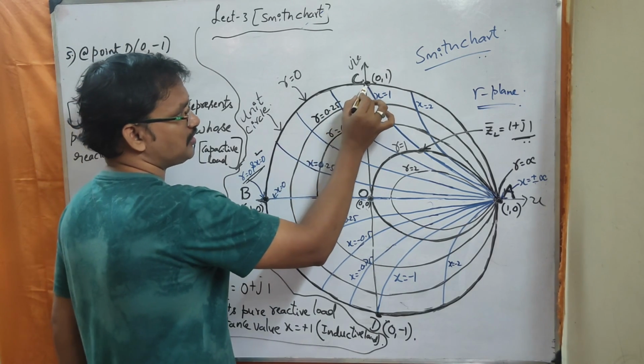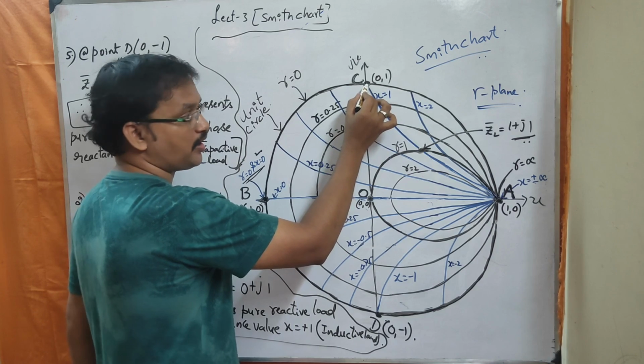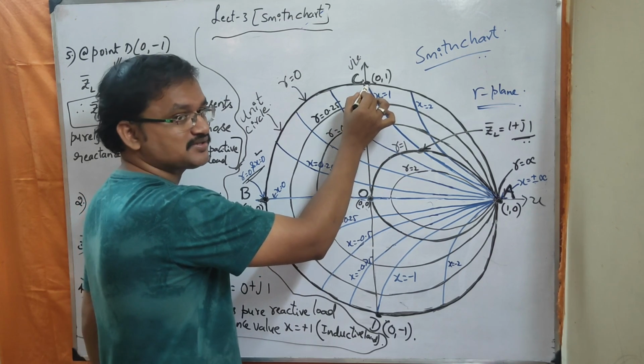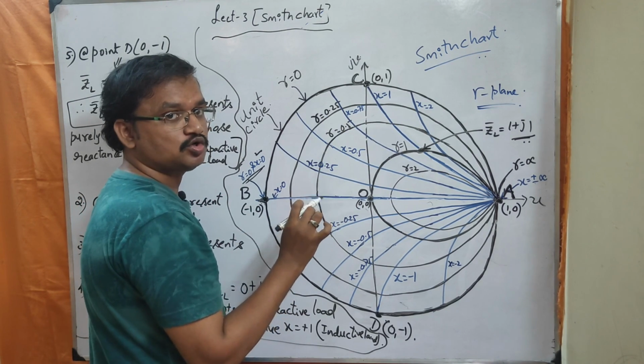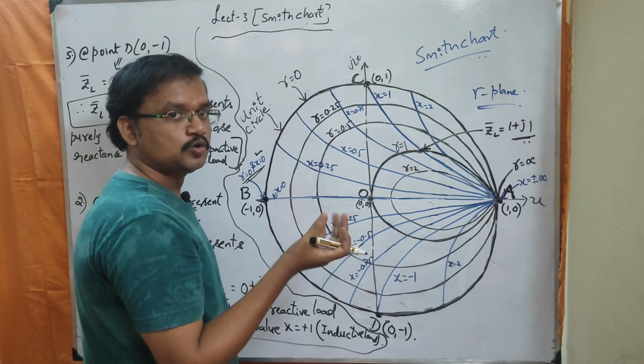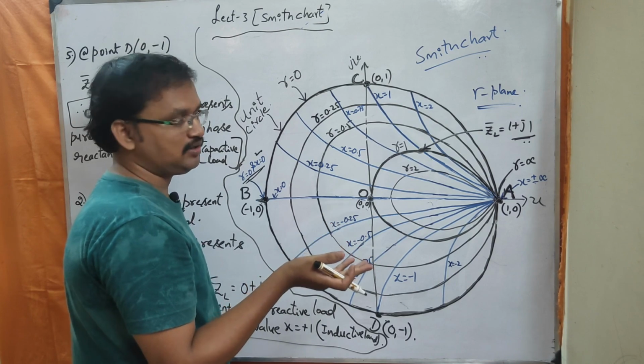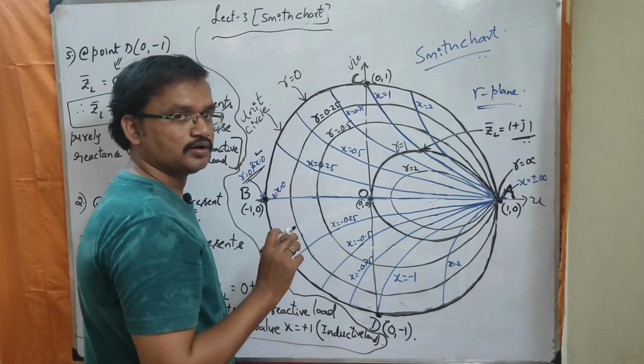And at this point, the circles passing through are R equal to 0 and X equal to 1, and hence the normalized load impedance ZL bar is equal to j1. That means it represents a purely reactive load whose reactance value is plus 1. Since it is plus 1, it represents an inductive load.